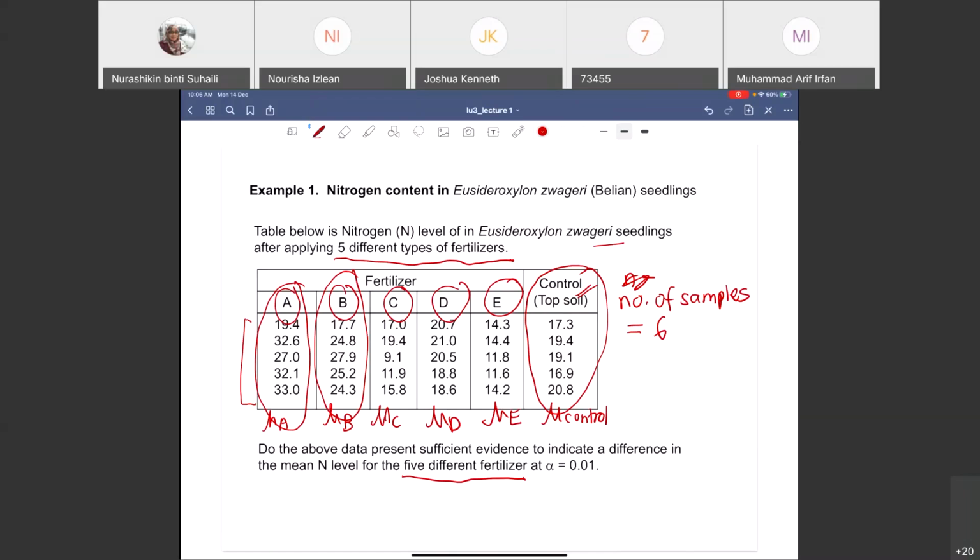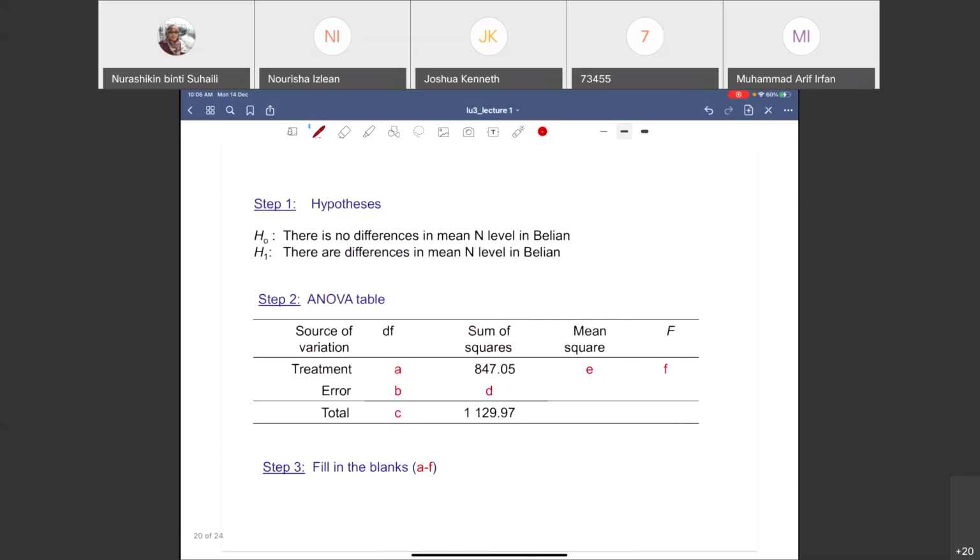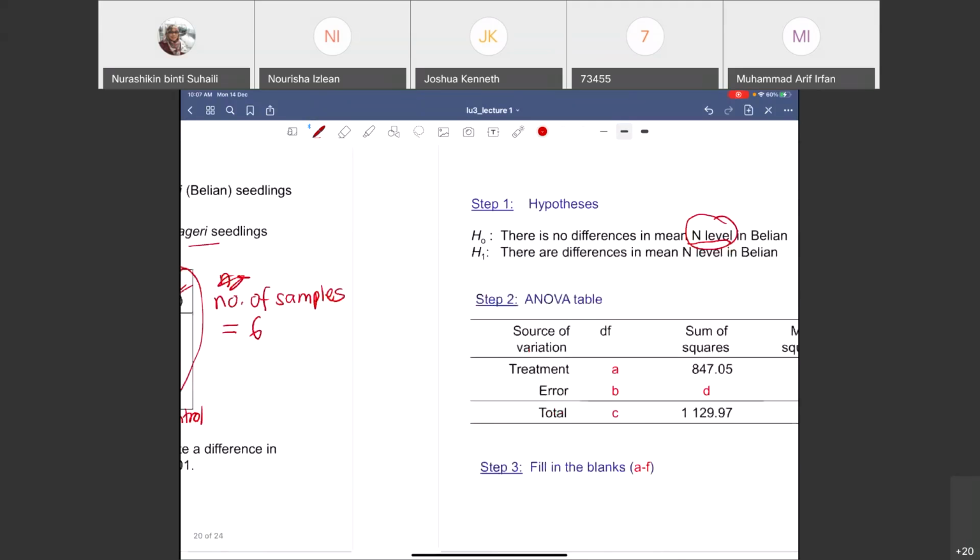So what you're going to do based on the ANOVA test is set the hypothesis. In words, we can say there is no difference in the mean N level. So you have to know what you are measuring at the end, the N level in this species or seedling. This is not really specific.